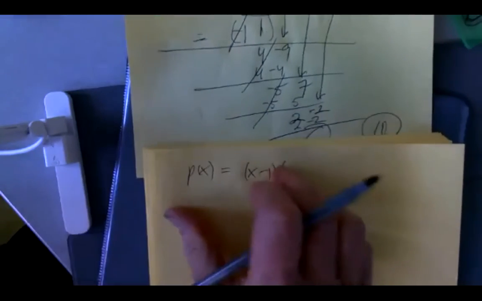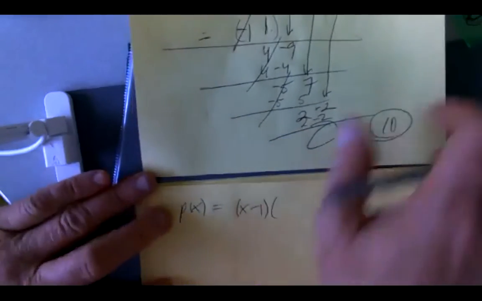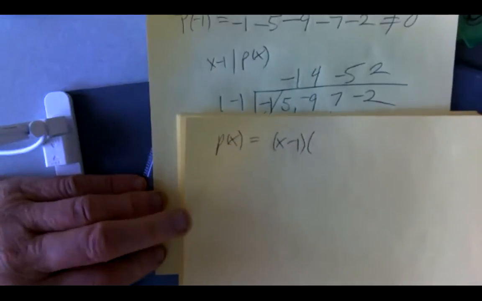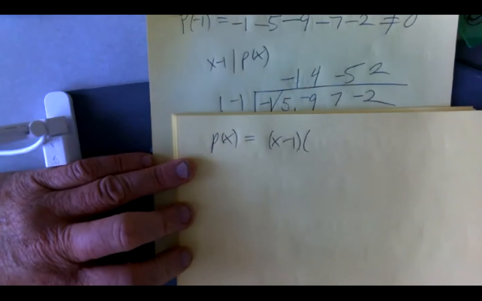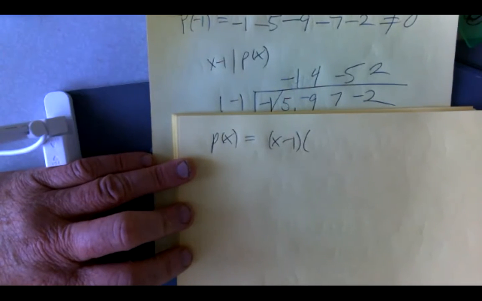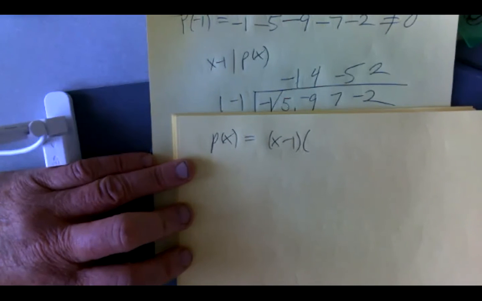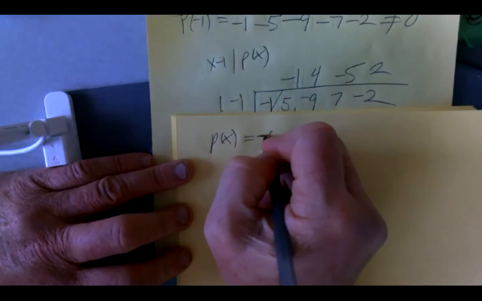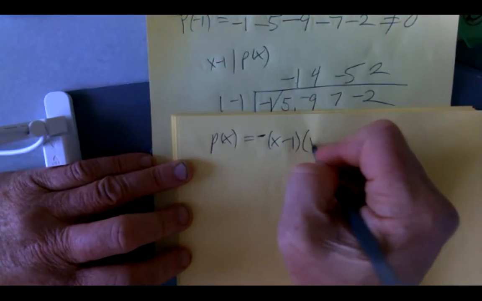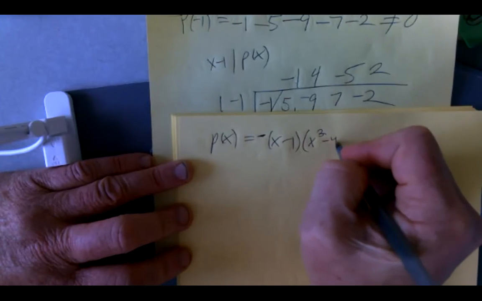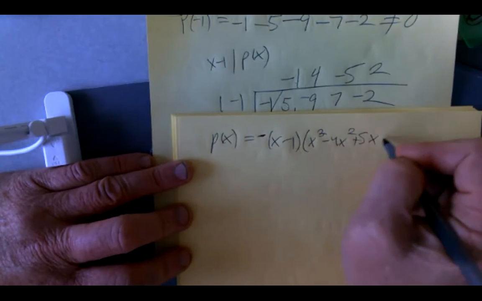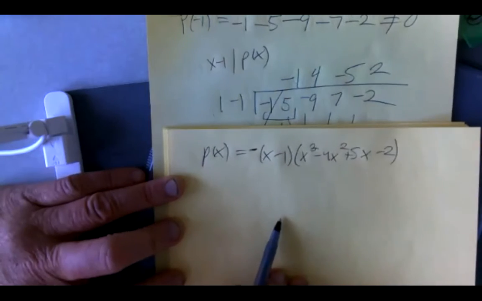Okay, you're not gonna like this next move. I don't think you're gonna like this one bit. I'm just showing you how I would work. If it was me, what I would do. Can anyone predict what I'd do? Try the -1. Yeah, I would take this negative here and I'd say x cubed minus 4x squared plus 5x, and I'd just start working with that from now on.